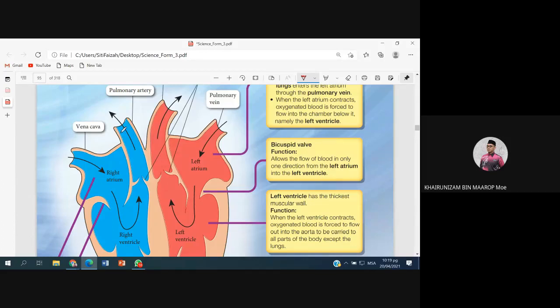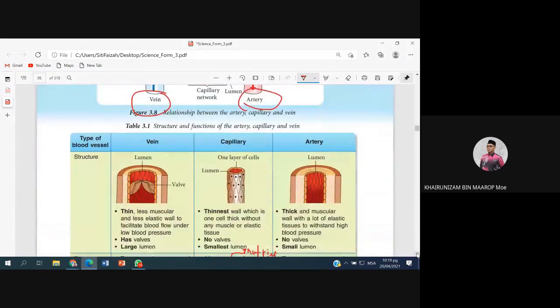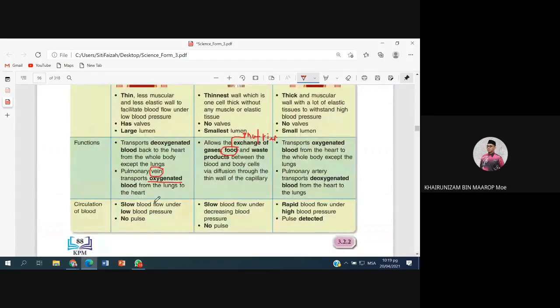Okay, the pulmonary artery has a thick wall. And then this one is a vein, because the blood flows to the heart at low pressure. So if you look at the circulation of blood, the blood flows slowly under low blood pressure.